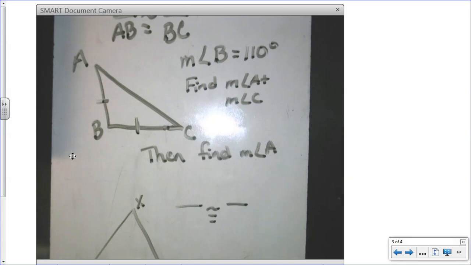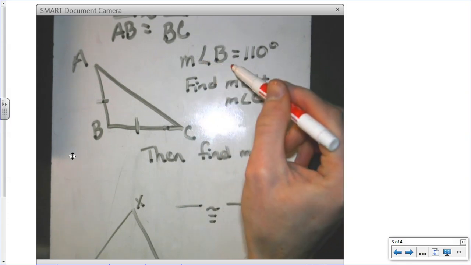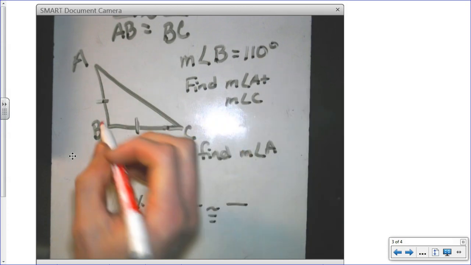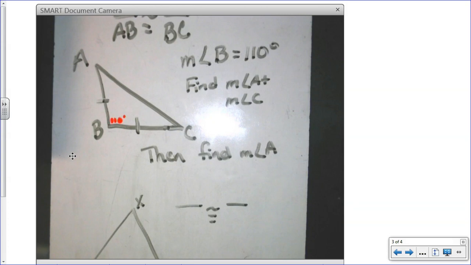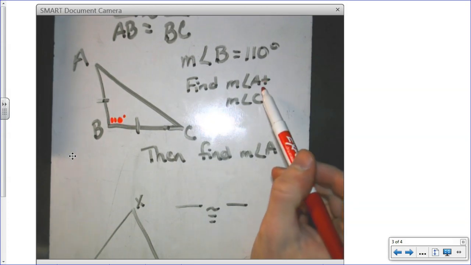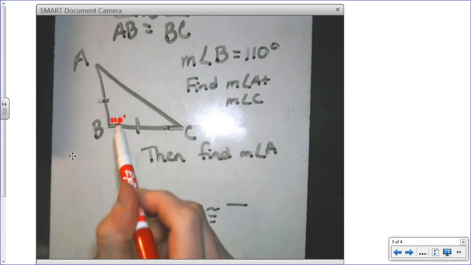And the next piece of information is the measure of angle B is 110 degrees. So down here, angle B, 110 degrees. Now we need to find the sum of angle A and angle C. So altogether, what those are going to equal.